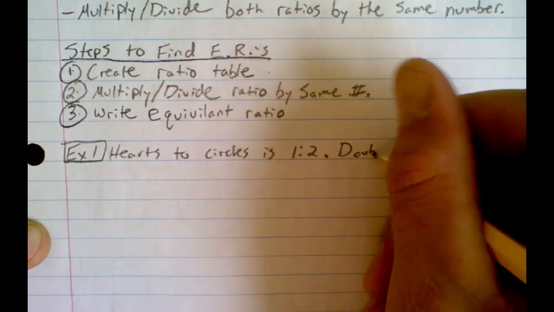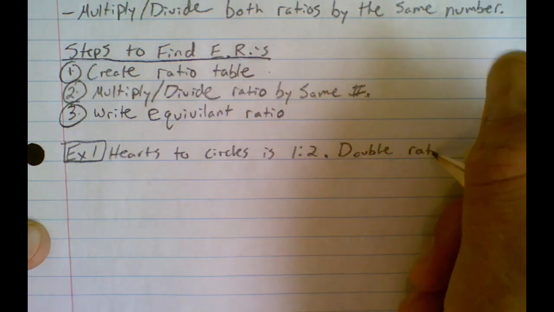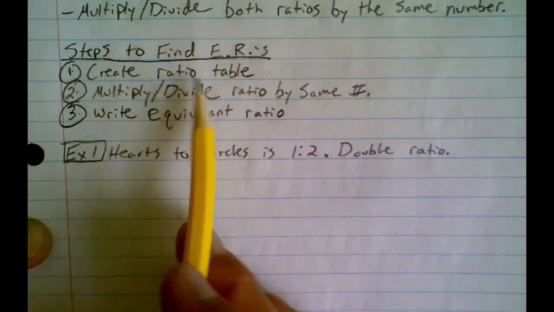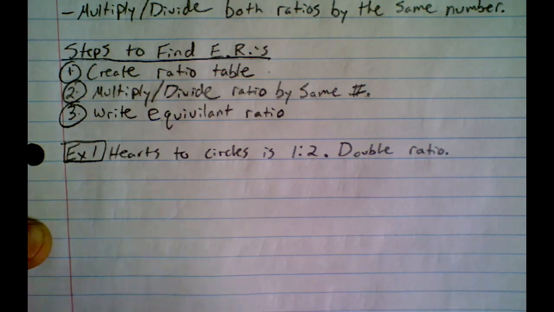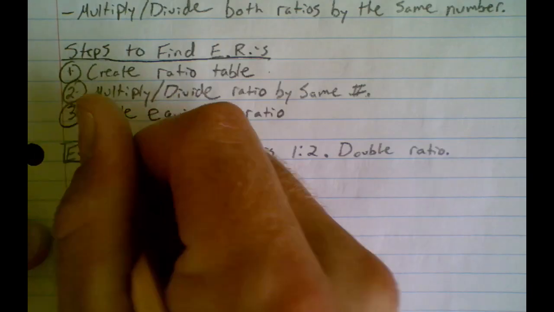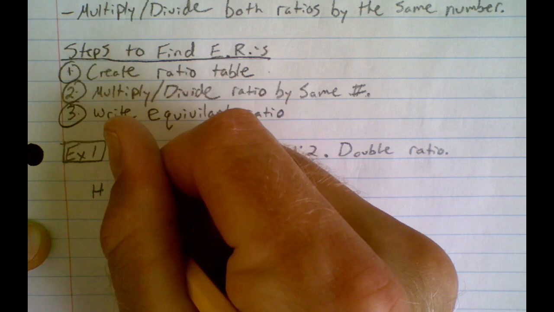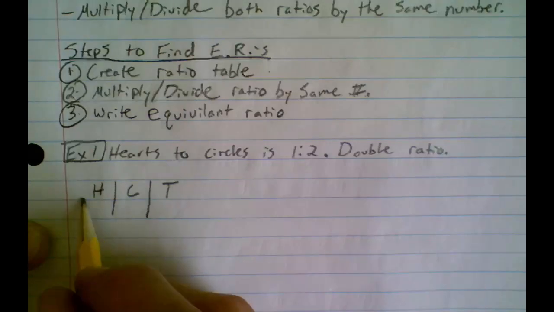Double ratio. Step 1 says create ratio table. So we'll create the ratio table: hearts, H, circles, C, and T, total.